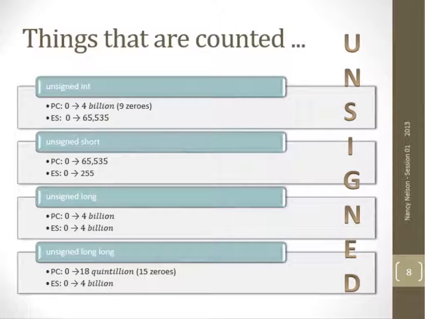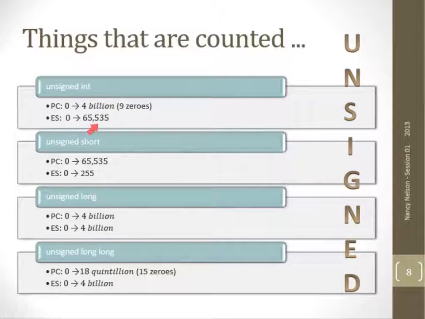So here we can see we have an unsigned int, so we're putting the keyword unsigned in front of our regular keyword. So we have an unsigned int, which would be our default. We now go from 0 to 65,000 and some. So before, with signed, when we went from minus 32,000 up to plus 32,000, now we're taking that same range of things, but we're putting them all as positive numbers.